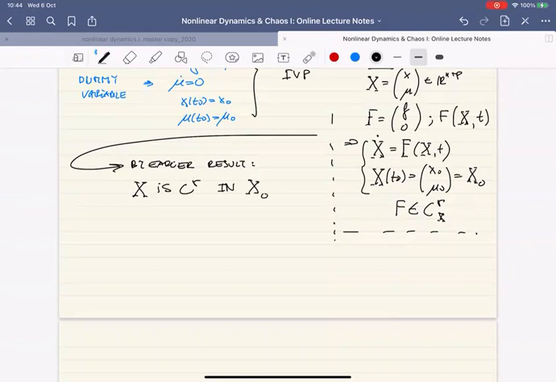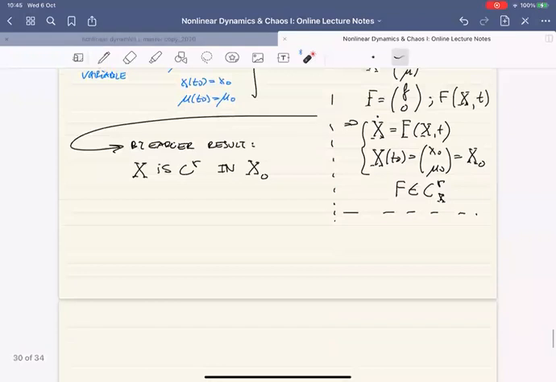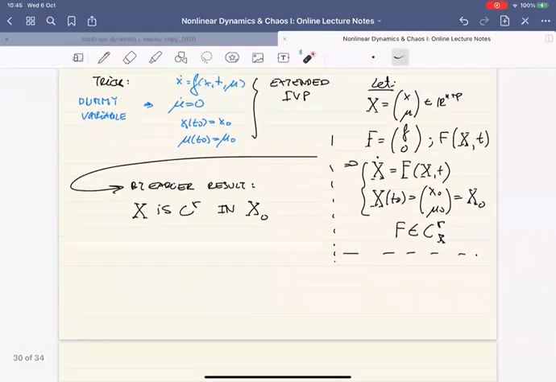Okay, but if that solution, which includes x of t and mu of t, is C^r in its initial conditions, then each of its components is C^r in its initial conditions. In particular, the first component is C^r in the initial conditions. But what is the initial condition? Well, the initial condition has two components, x naught and mu naught.